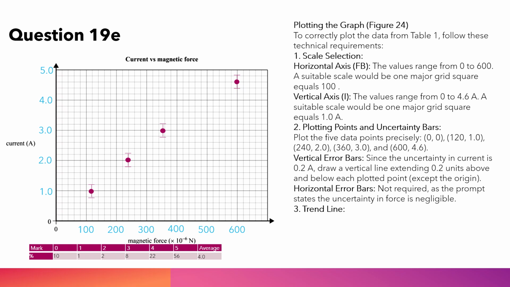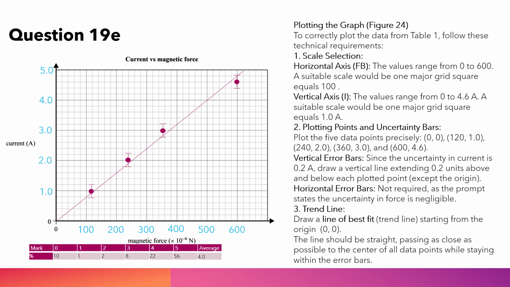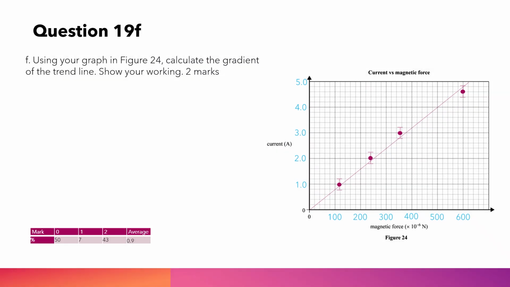3. Trend line. Draw a line of best fit, trend line, starting from the origin, (0, 0). The line should be straight, passing as close as possible to the center of all data points, while staying within the error bars. One.